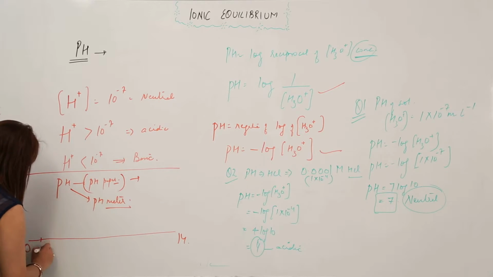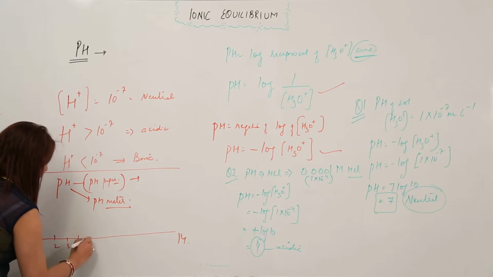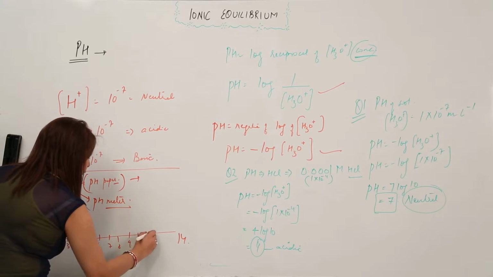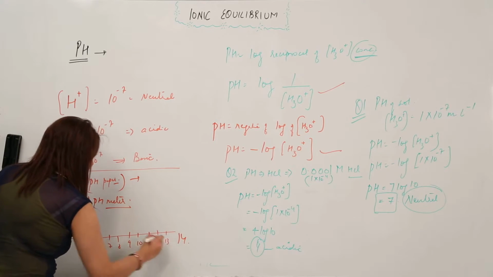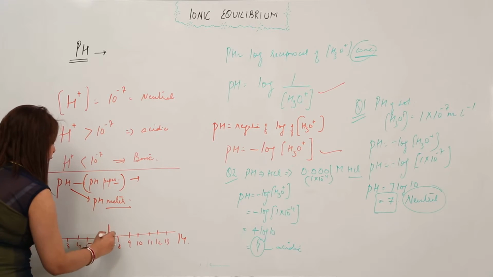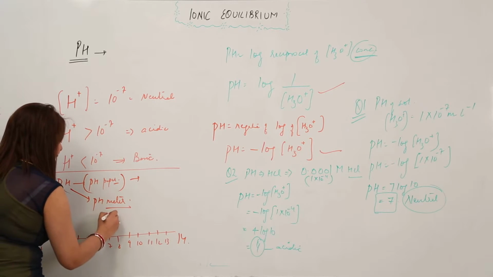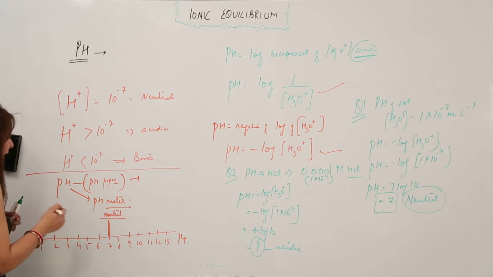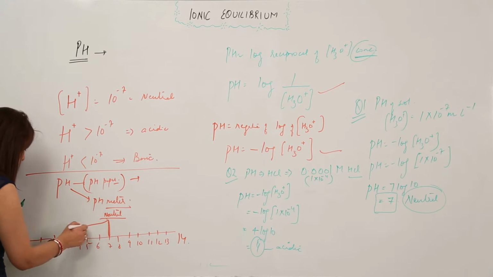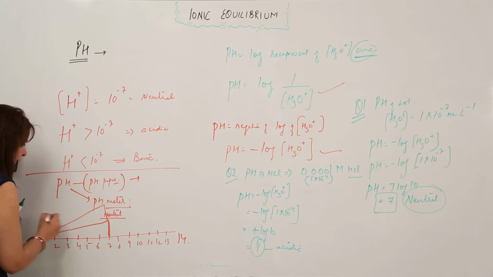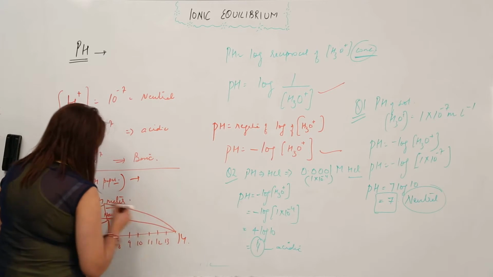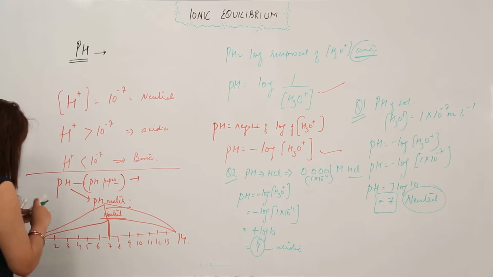And we have separated them with markings like this, and 7 is considered to be neutral, right? And this side indicates the acidic strength, and this side indicates the basic strength.